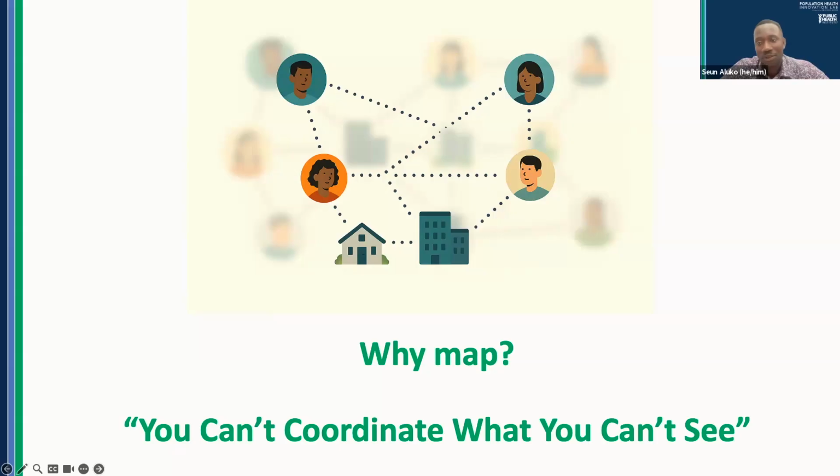Assets, for those who missed the last call, we defined as people, program supports, and essentially any resources in your ecosystem. And then you want to see how these assets fit into a network, which is essentially how these items are connected.